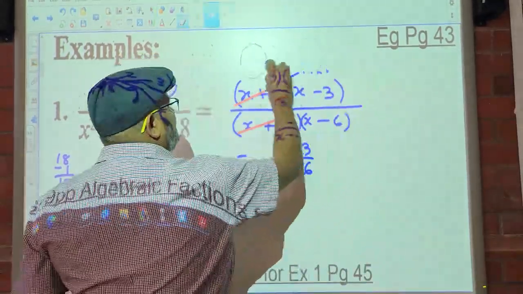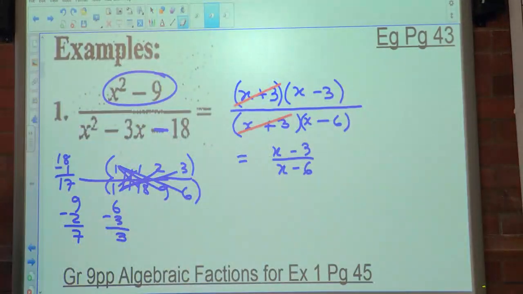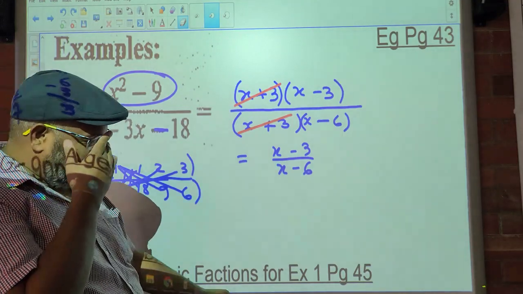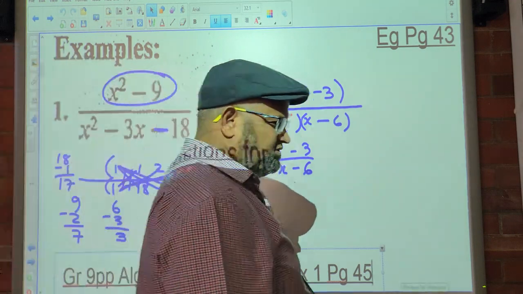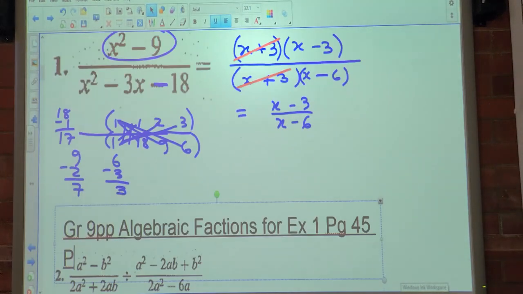Anybody else want to clarify some misunderstanding? No? We're going to put here part 1. So we're only going to do the multiplication today. Multiplication and division we're doing today.